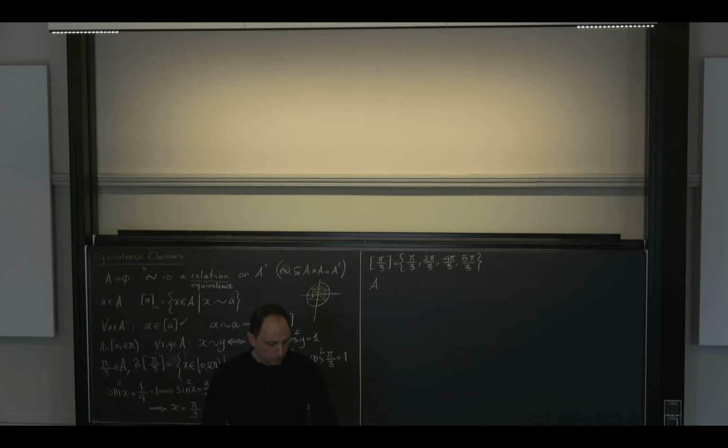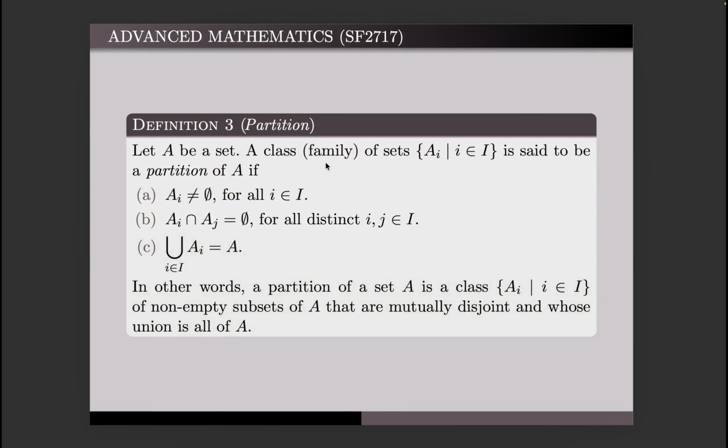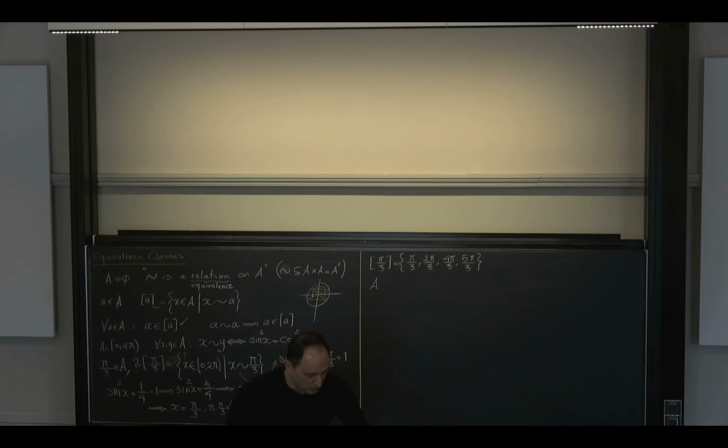Okay, so let A be a set, a class or family. Usually if you have a set, within the set you have other sets. The original set is called a class or a family of sets. I don't know how much you have studied set theory, but here I have a set consisting of numbers, consisting of elements.